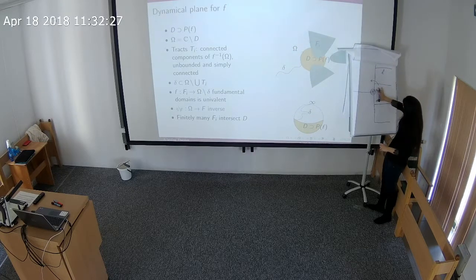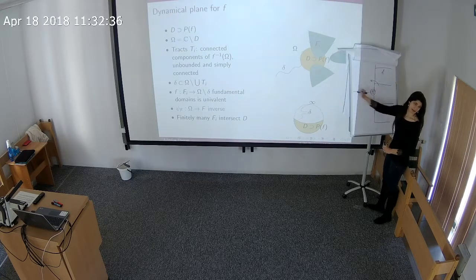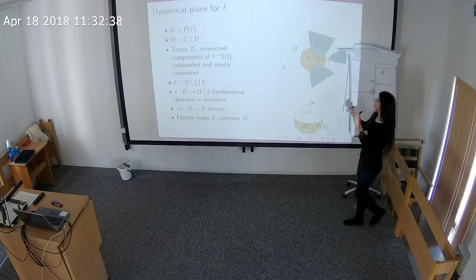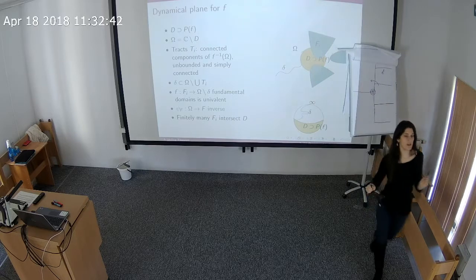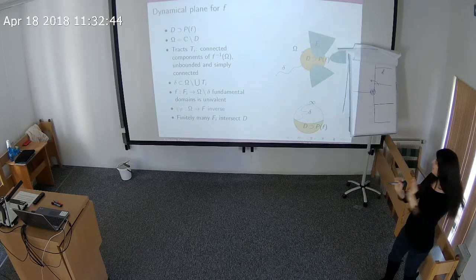And each one of these half strips maps one-to-one to the complement of this small disk minus the line. Now you have infinitely many singular values, non-empty interior, whatever you like, but you put it all in a disk, and you take a slit.